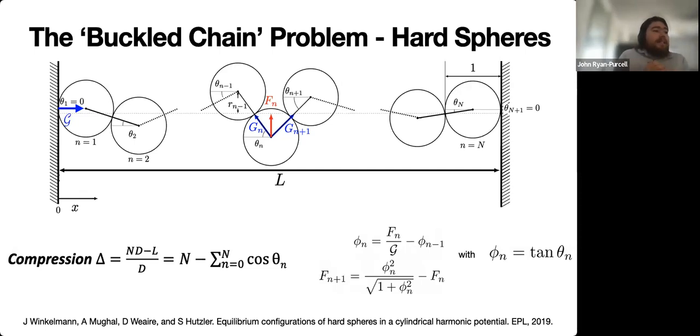Based on this force balance and the geometric relationship of this structure, an iterative method was developed, which, using a method like the shooting method, can be used to calculate buckled structures of this kind.